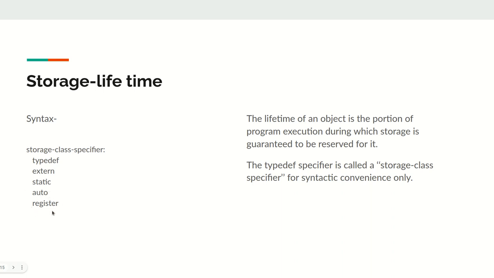But in some cases register is a machine register, where it will allocate one register from the general purpose registers or the register space of that machine. So this is about the storage lifetime, and the storage class specifier is one of the declaration specifiers.